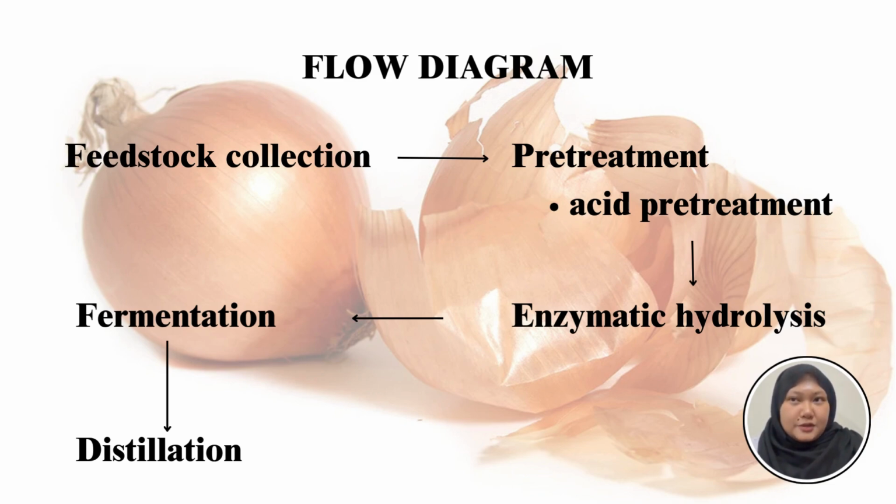So during the fermentation process, the monosaccharides, for example xylose and arabinose, can be easily converted into bioethanol by using Saccharomyces cerevisiae, which is yeast. So yeast is responsible to consume the sugar and then convert it into bioethanol and carbon dioxide.